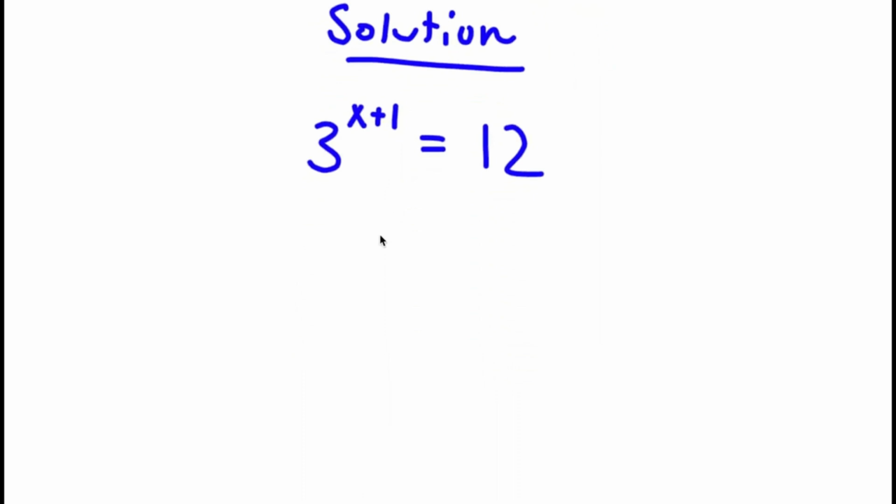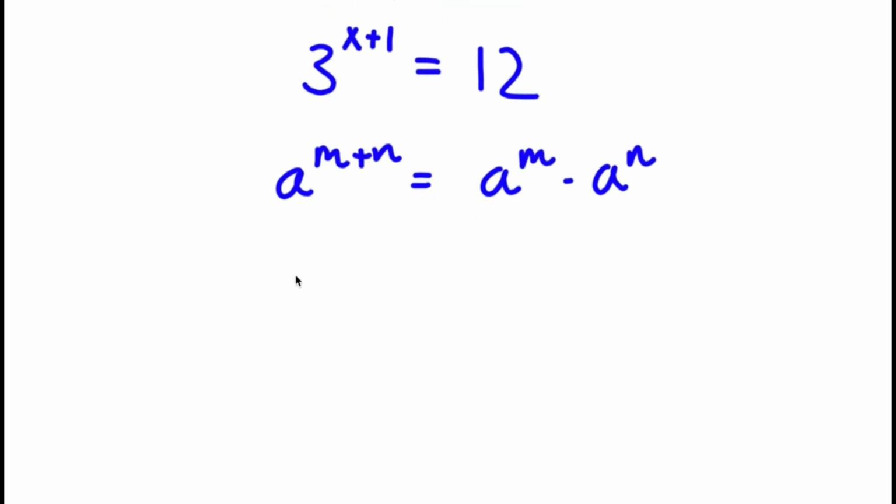Now, if I have something in the form a to the power of m plus n, this is equal to a to the power of m times a to the power of n. So in this case, 3 to the power of x plus 1, we can rewrite as 3 to the power of x times 3 to the power of 1. And this is equal to 12.